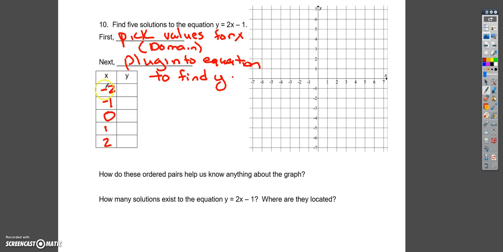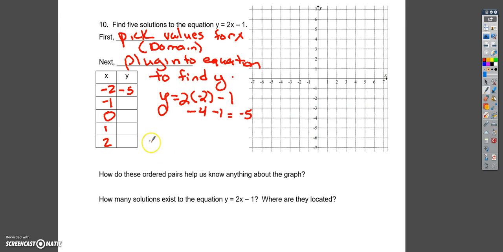But if you wanted to, you could. So that means we've got to take -2 and put it in place of x. So y equals 2 times -2 minus 1, which is -4 minus 1, which is -5. So when x is -2, y is -5.